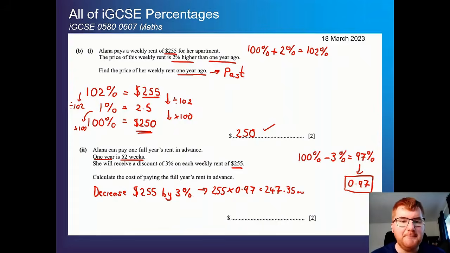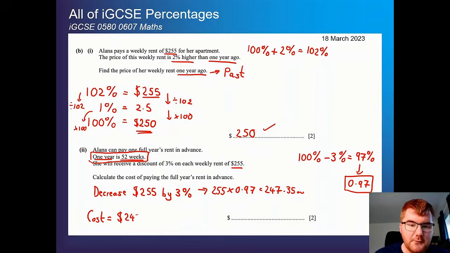There's no more decimals because it's an exact value, and 1 year is 52 weeks. So notice that key underlining here of the question is really useful. So the cost is going to be this discounted rent of $247.35, and then we're going to multiply by 52 weeks. Now, good thing about keeping it in your calculator here is we can just press times 52. It will take the previous answer and use that.